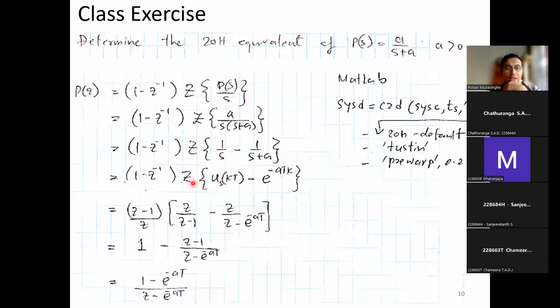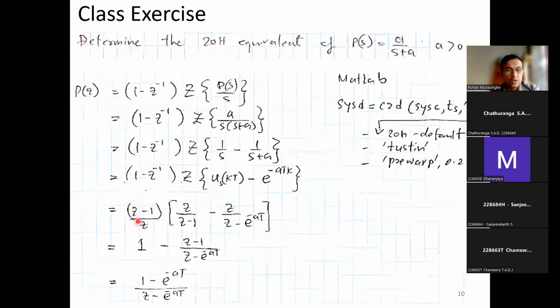Then in the Z domain, U(kT), the sampled unit step, if you refer to the table, is z over z minus 1, and this sampled exponential function in the Z table is z over z minus e to the minus aT. After that, you multiply by 1 minus 1 over z. You can write it this way also.